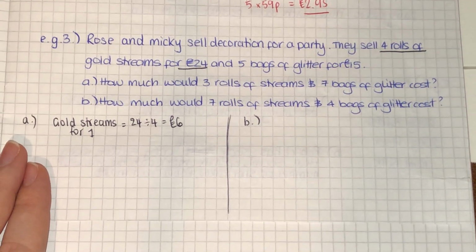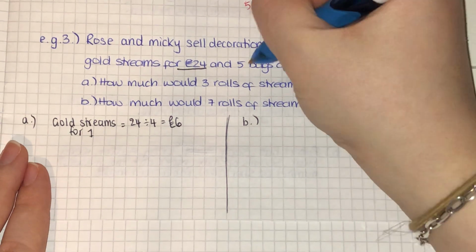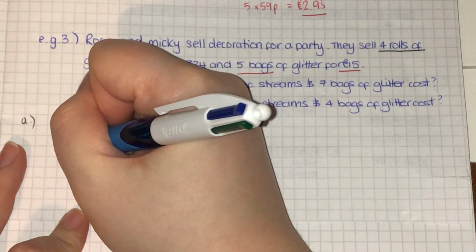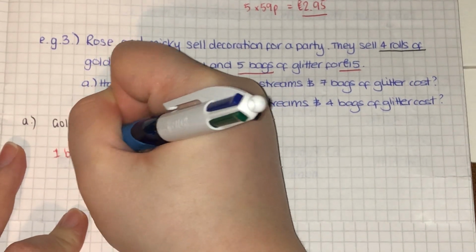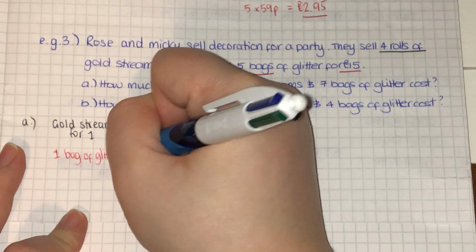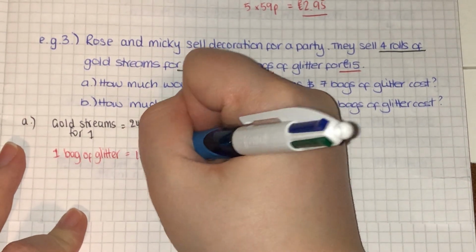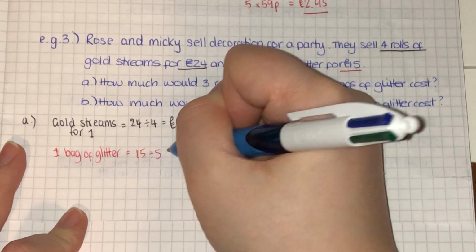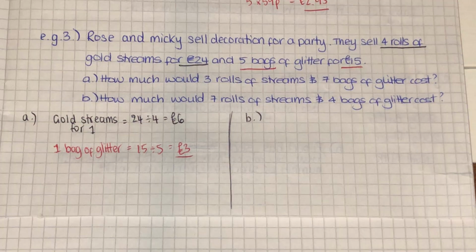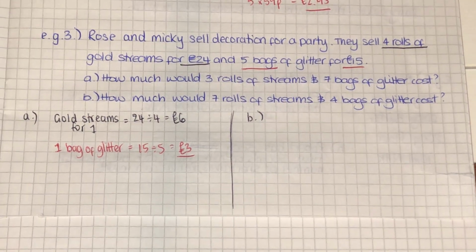Okay, same for the glitter. So glitter, 5 bags is 15. So 1 bag of glitter must be 15 divided by 5, which is £3. So there must be £3 each. Okay, so now we can actually answer the question.